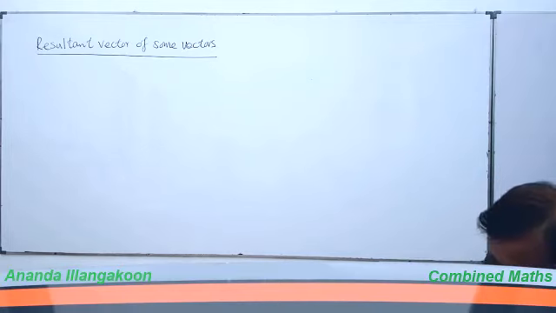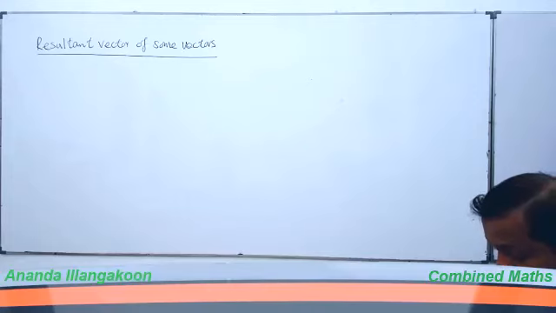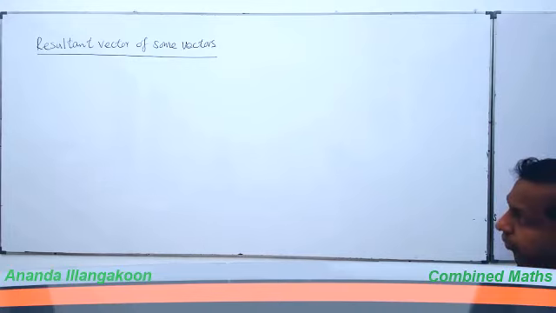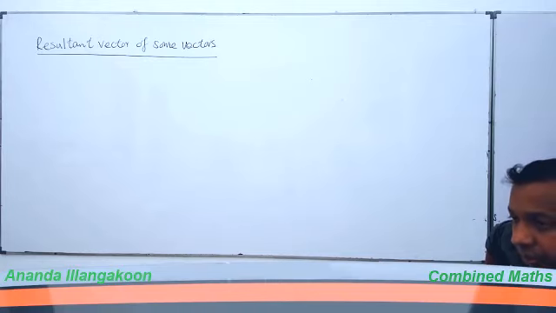The meaning of the answer vector is that it is the resultant vector of the two vectors added.